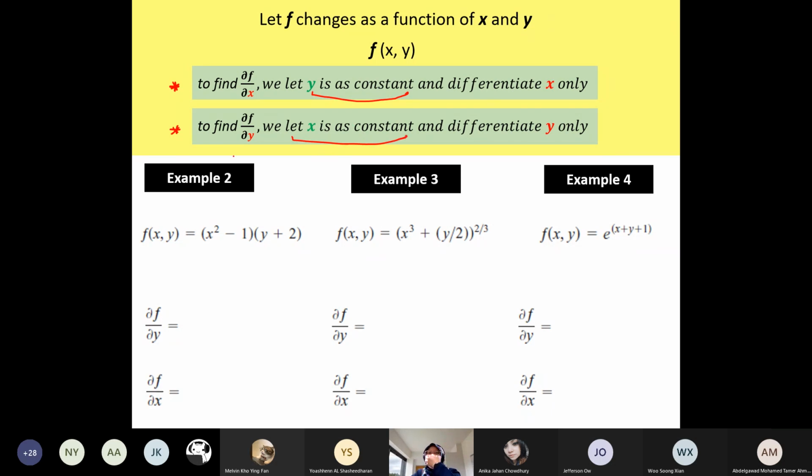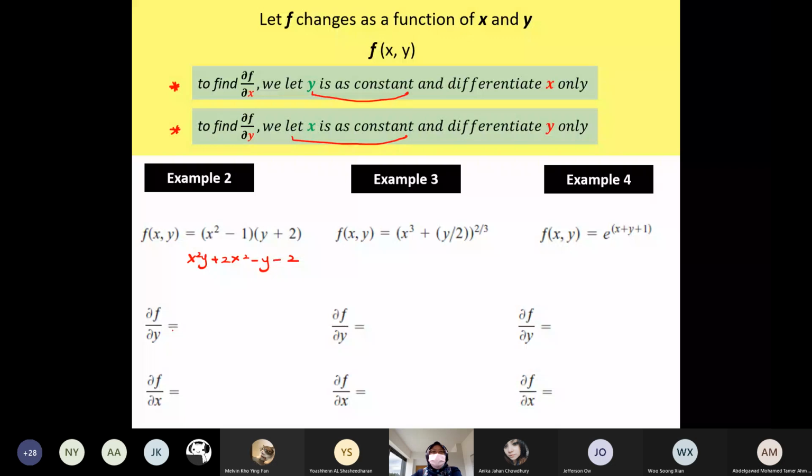So in example number 2, you have x squared, or you may open the bracket first, x squared y, plus 2xy minus y plus minus 2.